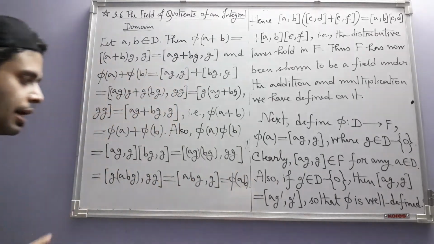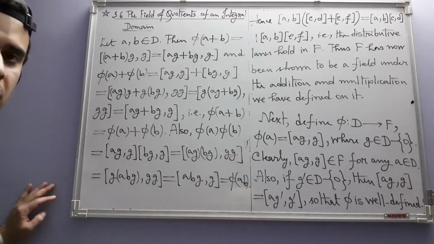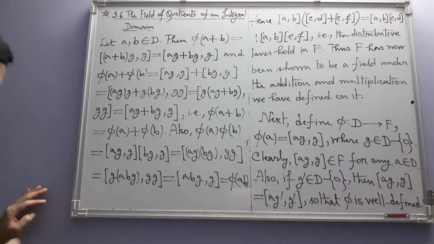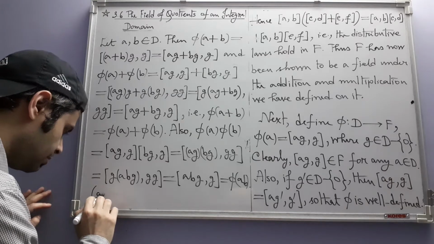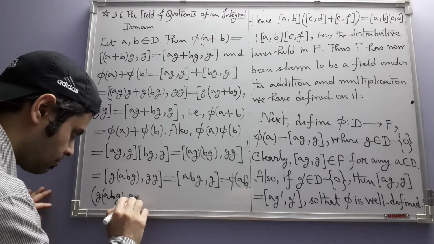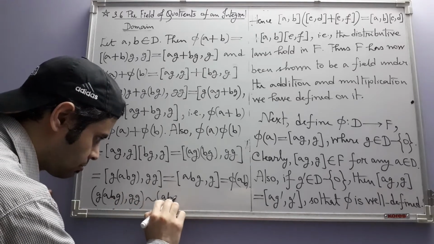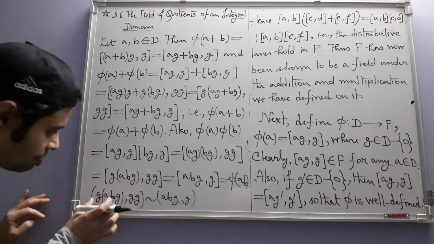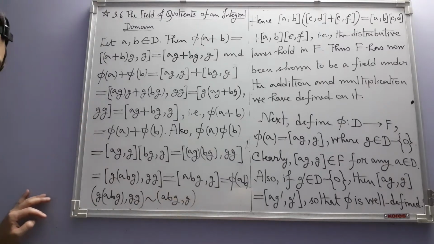Okay, for one last time, if you are finding this equality somewhat disturbing and difficult to believe, then you ask yourself whether these two things are related. Multiply this with this one, this with this one, and see if they are equal.